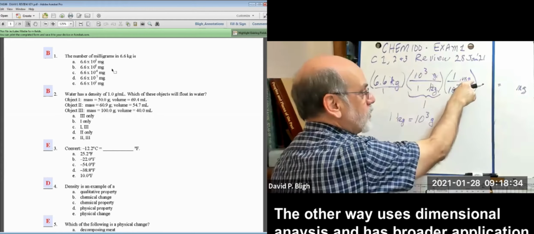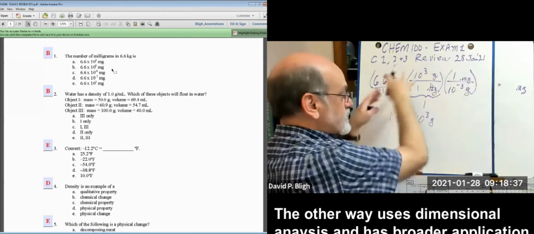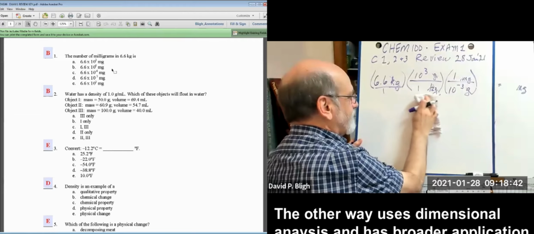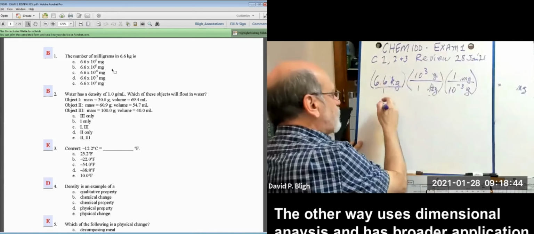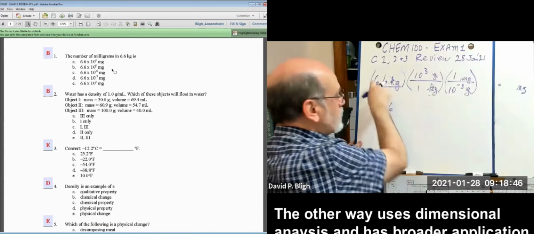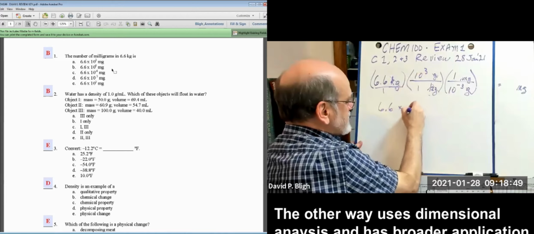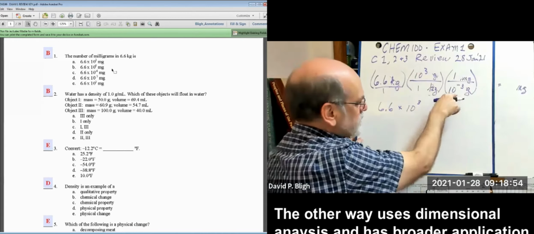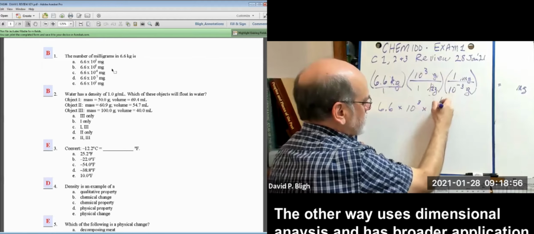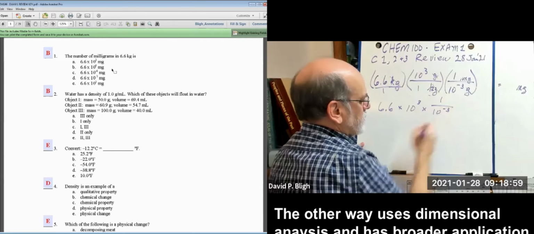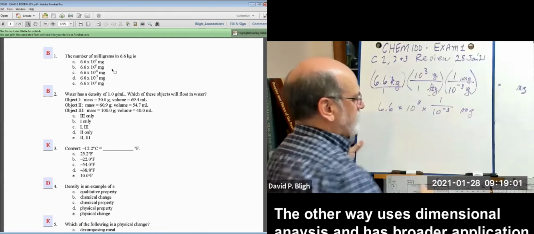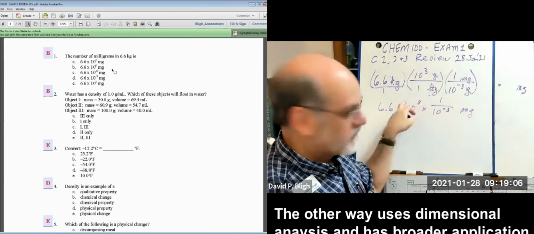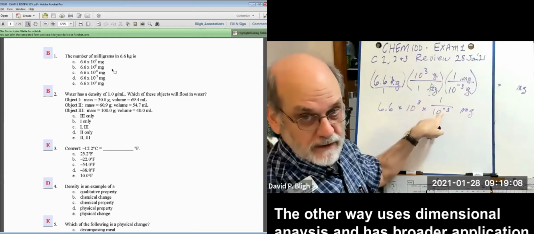Okay, now we know that we've got the right units. Now it's just a matter of resolving the numbers. Right? So we've got 6.6 in the numerator, and we've got 10 to the third in the numerator, but this one's in the denominator, right? So what do you do? How do you combine this one and this one? Well, they don't cancel because they're different powers, right?